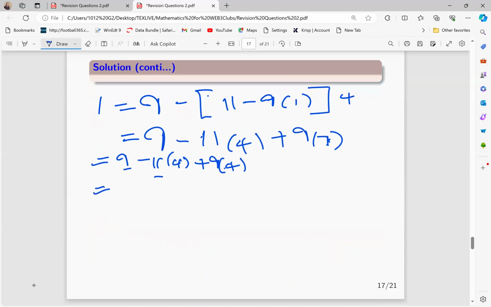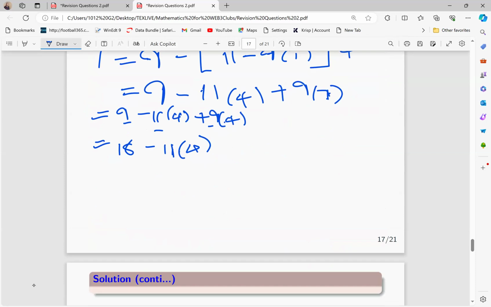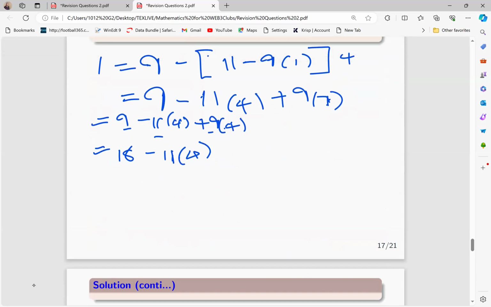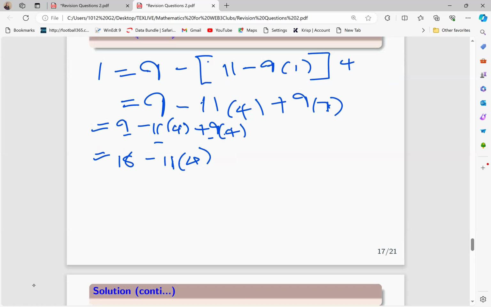So if you group this 9 and 9, the remainders which are like terms, is it supposed to be 18? And then is it okay? What is it supposed to be when I group these two like terms? It's 1 times 9 plus 9 times 4.